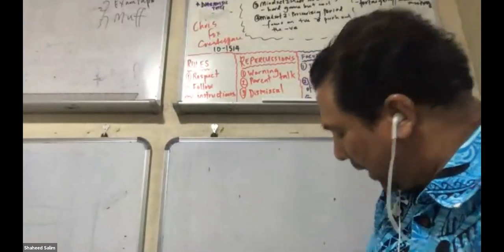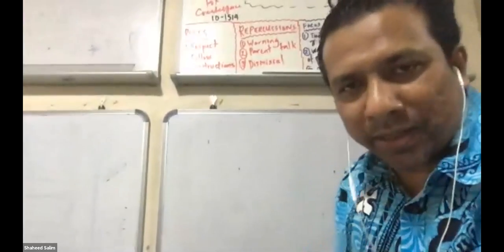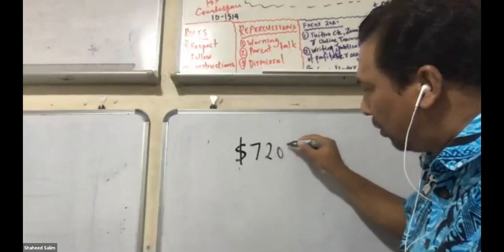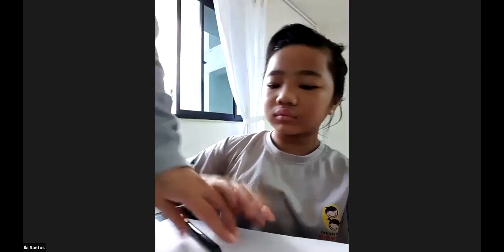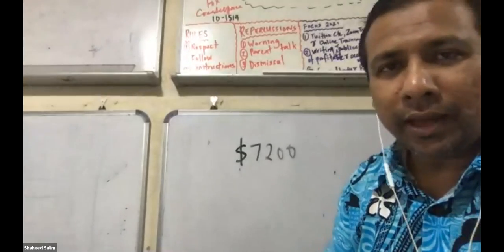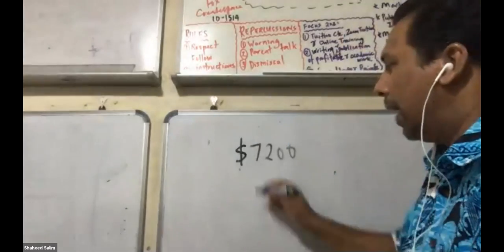Now let's say I check Naomi's bank account. In her bank account there's $7,200. So I'm going to ask you, how many digits and how many numbers? We are going to start from the very basic. If I were to mute you, you answer with your fingers. Now you can speak. We'll ask you one by one.